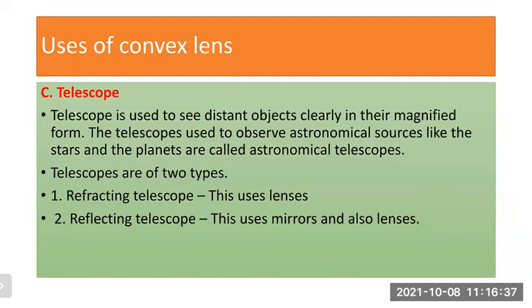And second, we have the reflecting telescope, which uses a mirror as well as lenses. In both of these, the image formed by the objective acts as the object for the eyepiece, which forms the final image. An objective lens has the larger diameter and larger focal length, because of which the maximum amount of light coming from the distant object can be collected.